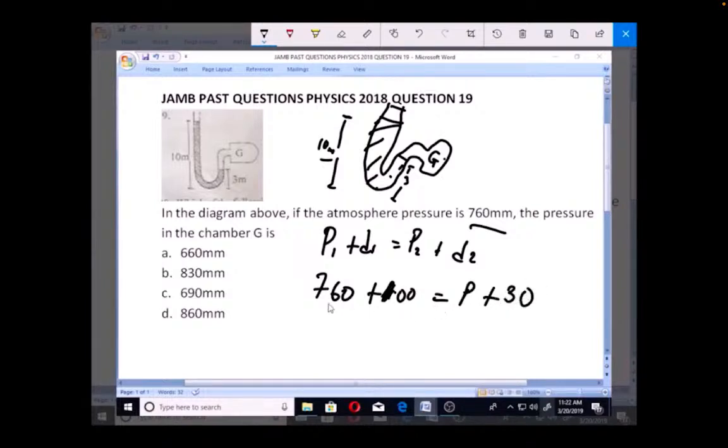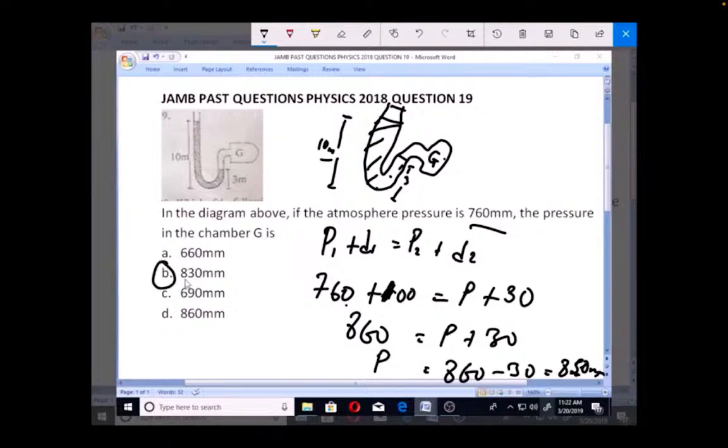So 760 plus 100 gives us 860, equal to P plus 30. Making P the subject, P is equal to 860 minus 30, which gives us 830 millimeters. That makes B the correct answer using this simple formula. So check it out, and that is how you can come around the answer. Thank you.